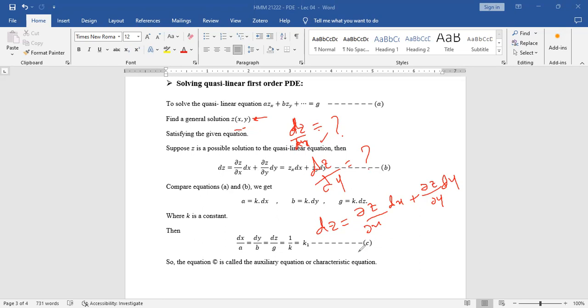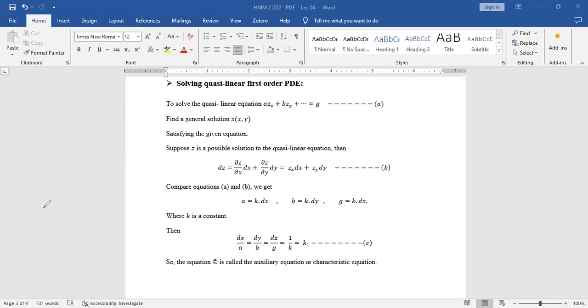I have explained this to you in our elementary differential equation already. So if you substitute, this one is zx dx, and this is zy dy. This is our equation B. This is our equation A. Are you all writing?